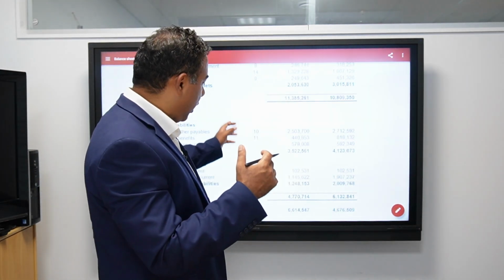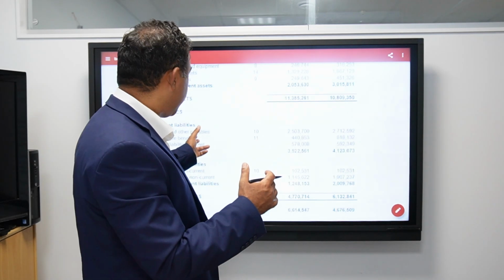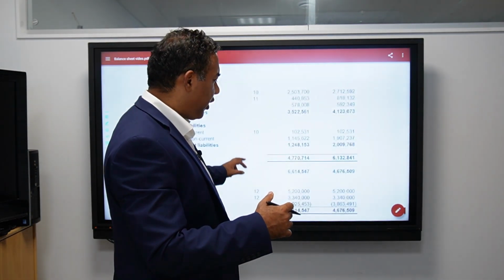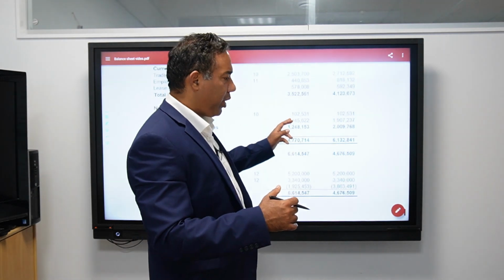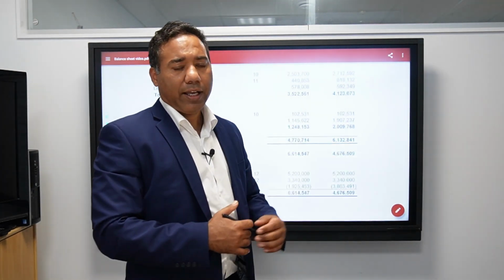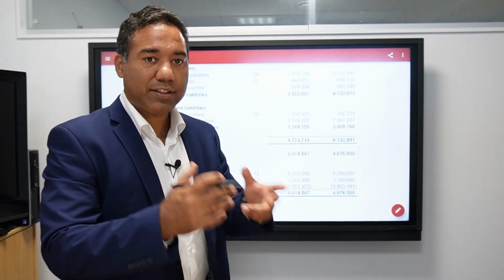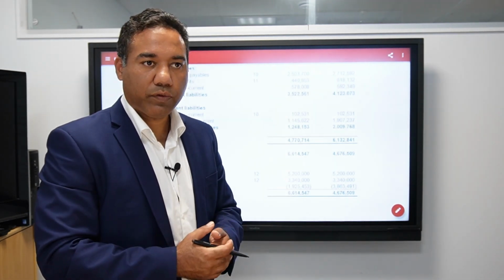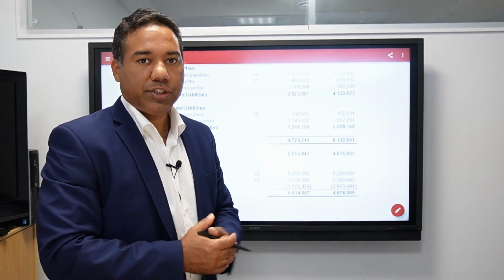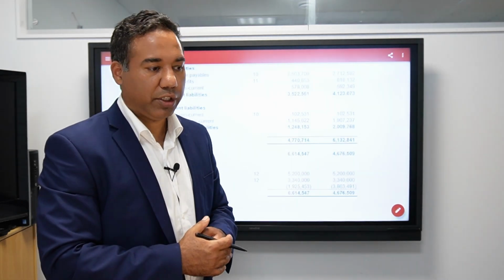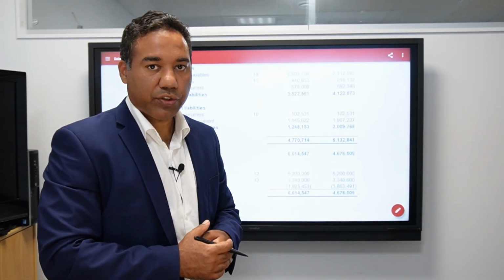Because it's a lot of information they refer to the notes, so you have to read the notes attached to it. I'll cover another video in which I'll explain how to read these notes and how to understand the position of a company. If you want to invest in that company, what you should look out for, such as interest coverage ratio, net asset of that company, plus earning per share, and those sorts of things.